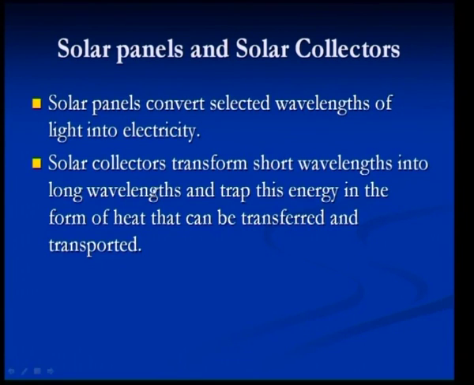So, a solar collector has the potential to convert even the shorter wavelength radiations into longer wavelength radiations, which can trap the energy and store it as heat energy. This is an additional advantage in the case of a solar collector.